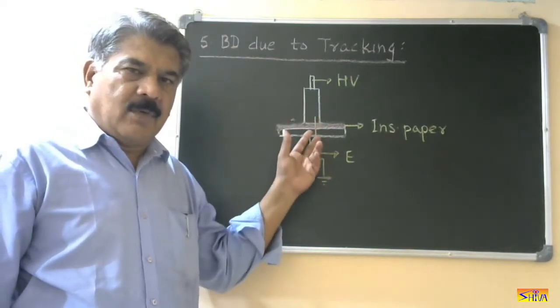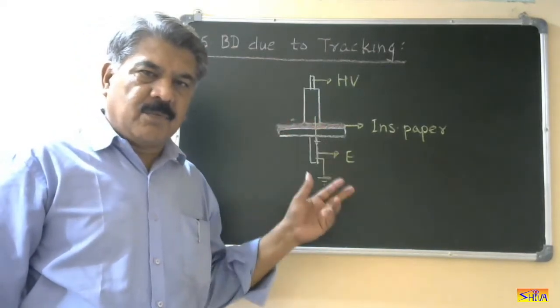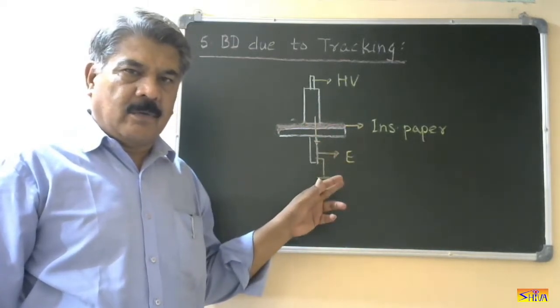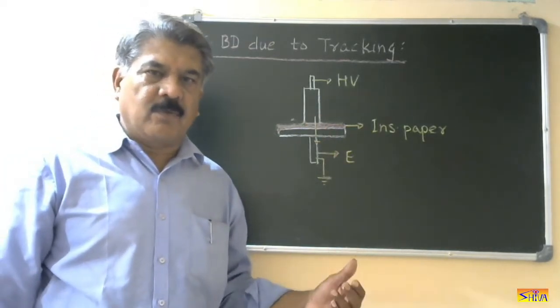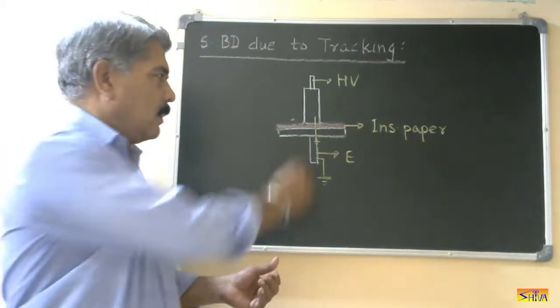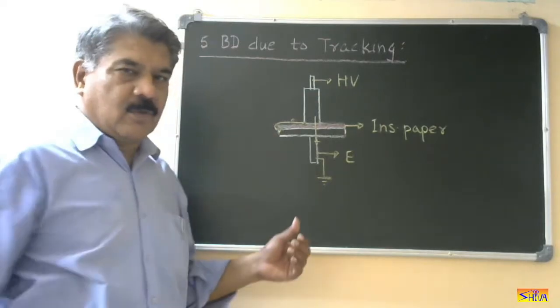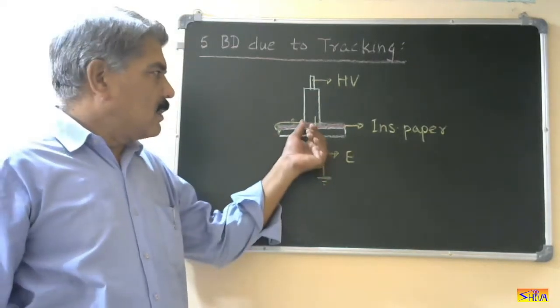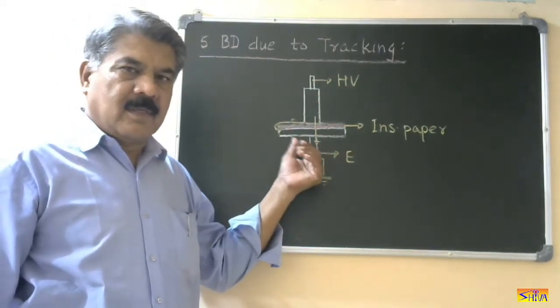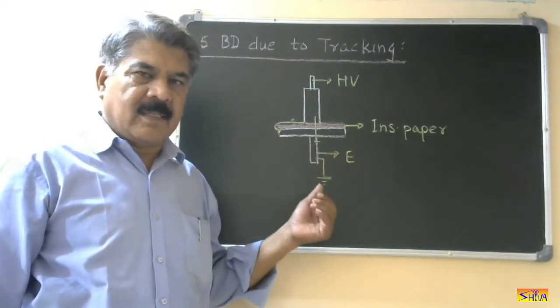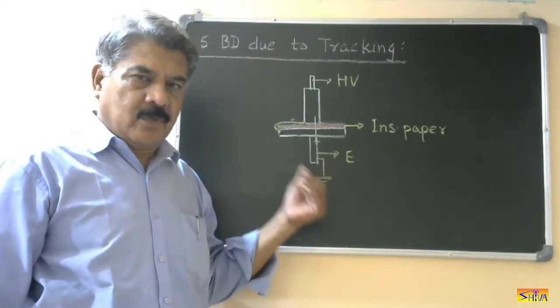In another case, if we apply high voltage in the beginning, even when there is no moisture layer, and this voltage is not sufficient to cause puncture or breakdown but is more than the spark over voltage, then a spark over occurs over the surface of this insulation paper. This type of discharge is called surface discharge or sliding discharge. It occurs over the surface of the insulation paper.